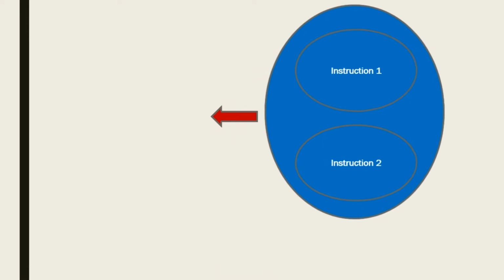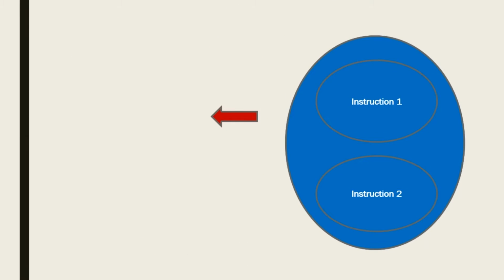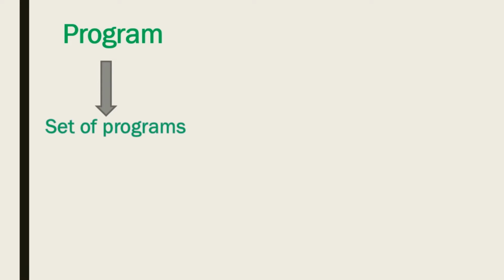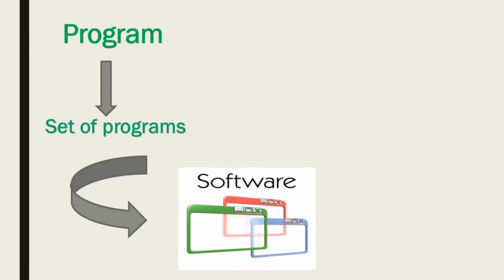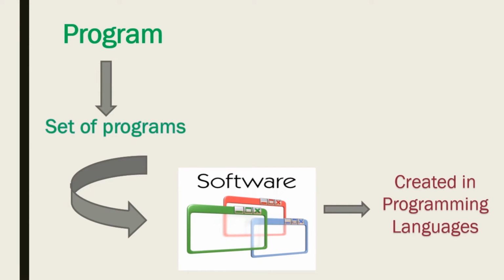You have to keep in mind that a set of computer instructions make up a program, and a program or set of programs makes up a software. And all these softwares are created using programming languages like C, C++, or Java.